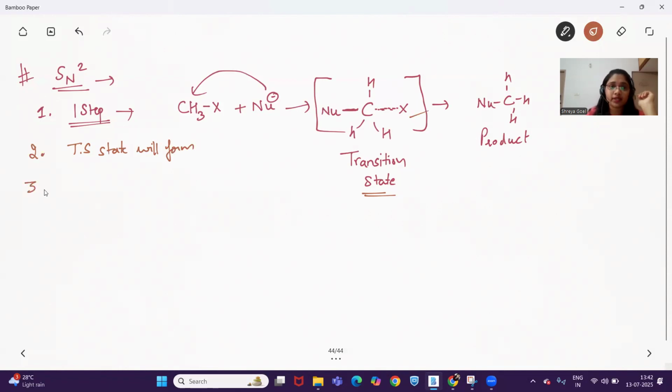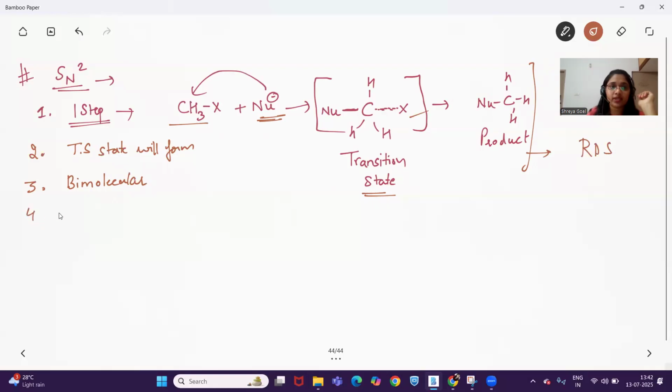The third point is that it is bimolecular. What does bimolecular mean? Bimolecular means there are two reacting species here, and as I told you, this is a one step reaction, so this is the only rate determining step.